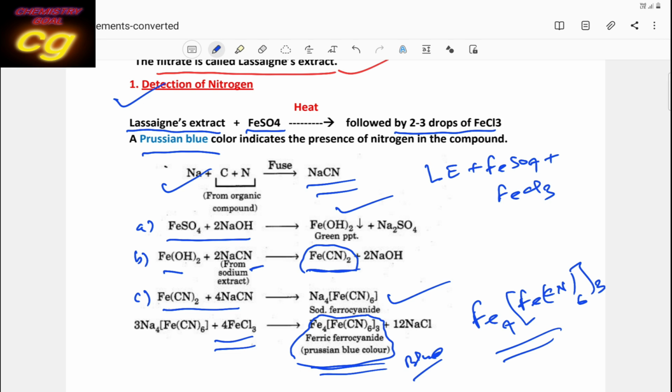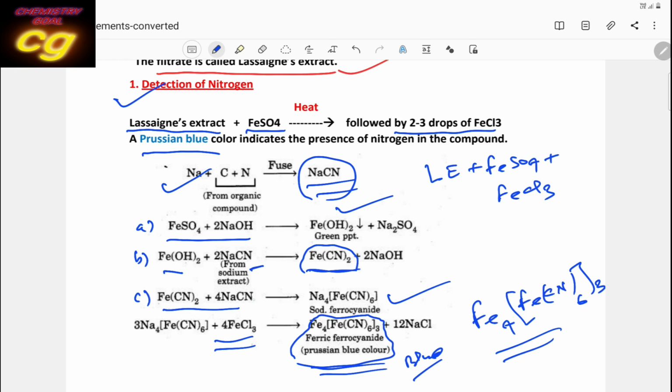Again I am repeating: first the Lassaigne's extract will be taken, then alkaline ferrous sulfate solution will be added, followed by 2-3 drops of ferric chloride. What reactions take place? The Lassaigne's extract already contains sodium cyanide. Sodium cyanide reacts with the ferrous hydroxide produced in the reaction, forming ferrous cyanide.